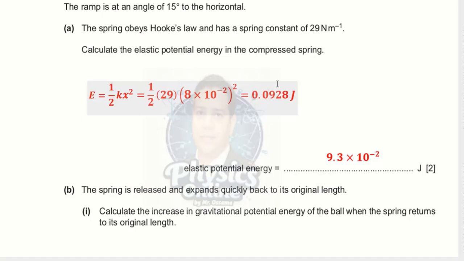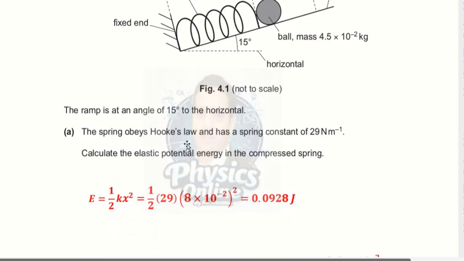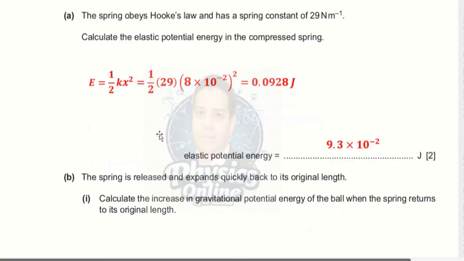The spring is released and expands quickly back to its original length. Calculate the increase in the gravitational potential energy of the ball when the spring returns. The increase in the gravitational potential energy equals mgh. h here is the vertical height. We can figure the vertical height from the triangle.